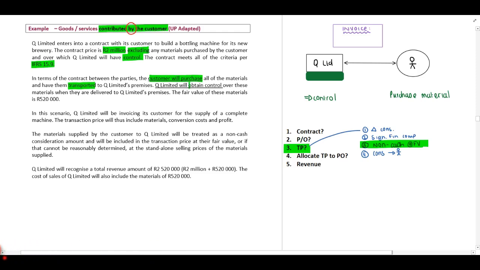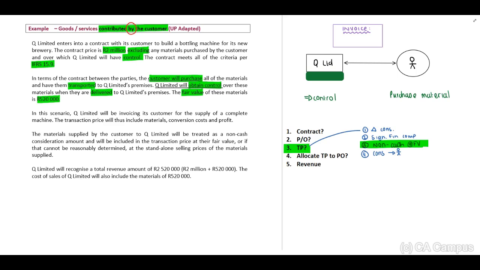Q Limited will obtain control over these materials when they are delivered to Q Limited's premises. The fair value is 520,000.